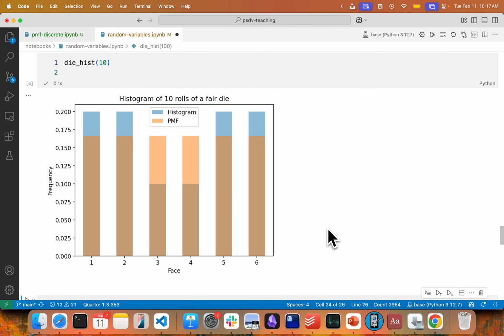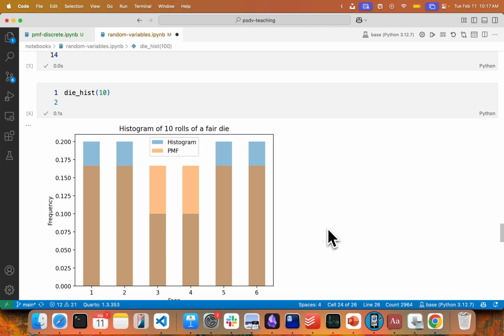If I ran this experiment 10 times and noted the number of times I got a 1, 2, 3, 4, 5, 6, I am showing the PMF in this yellow-orange shade, and the histogram, which is showing the relative counts, in this blue.